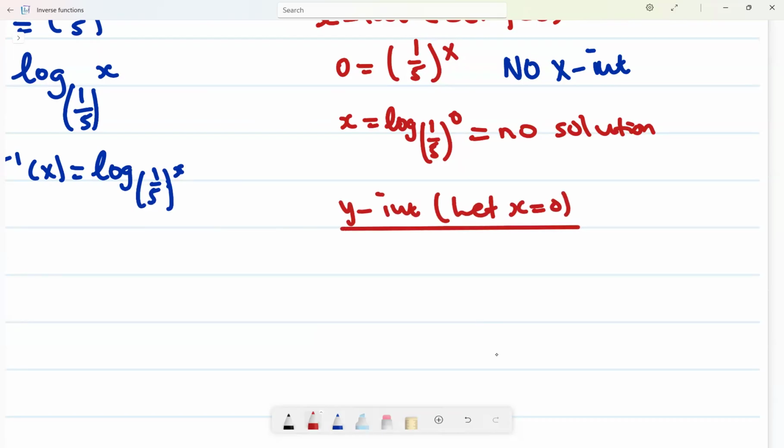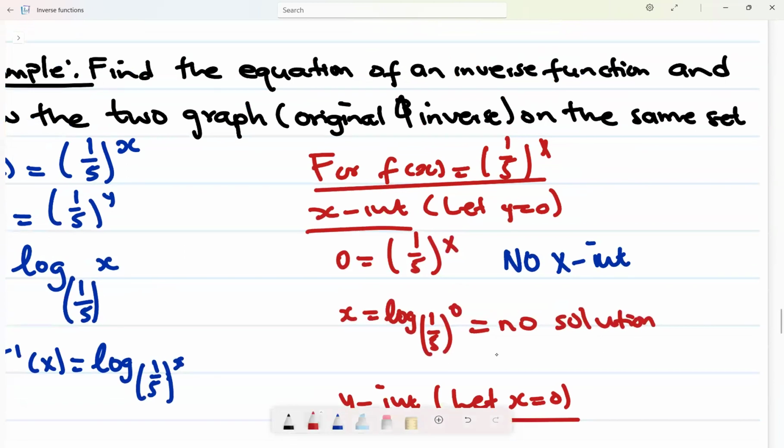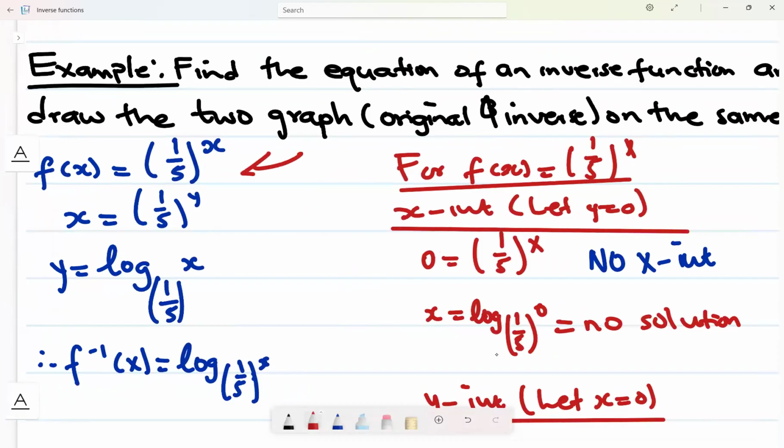You could have sketched this graph very easily just by remembering the exponential graph.